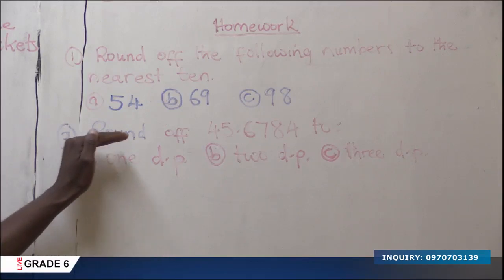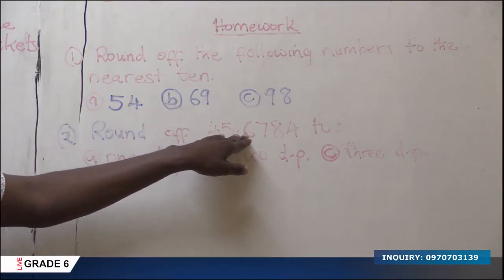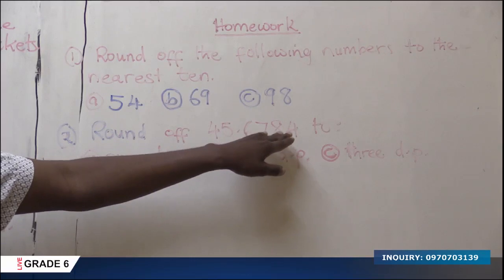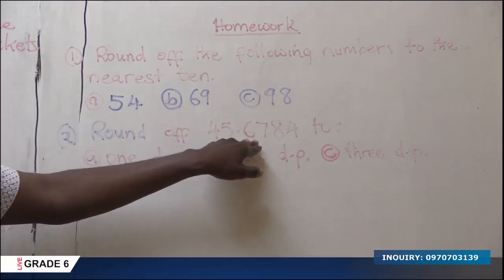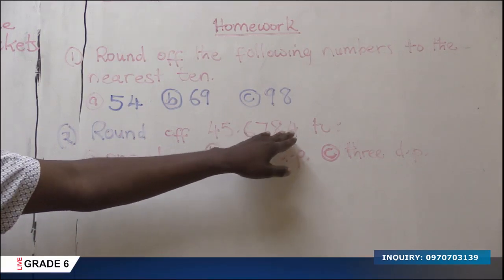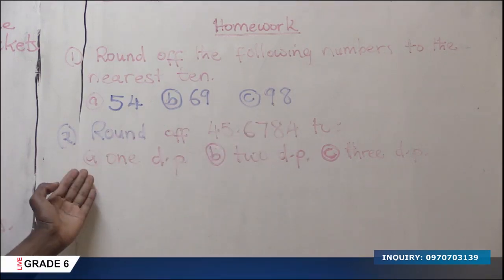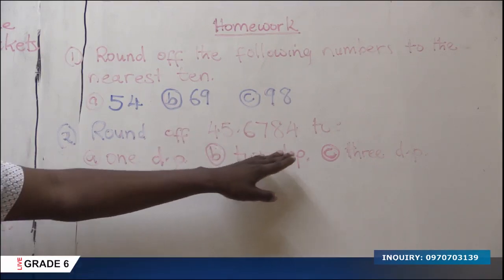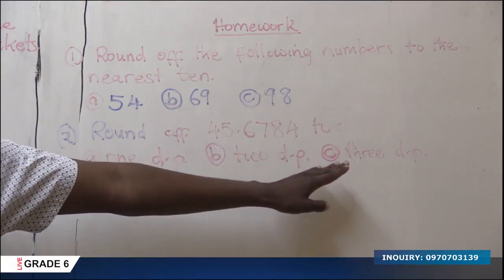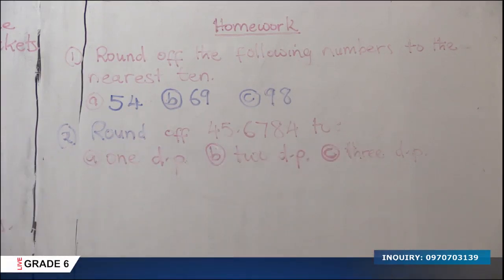Number 2, round off 45.6784 to A 1 decimal place, B 2 decimal places, C 3 decimal places. Okay, I hope I've read the questions for you, boys and girls. Then I believe you've written down those questions.